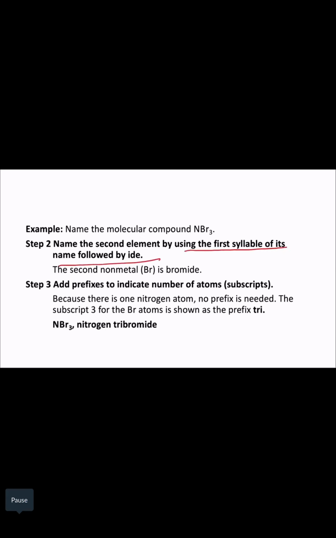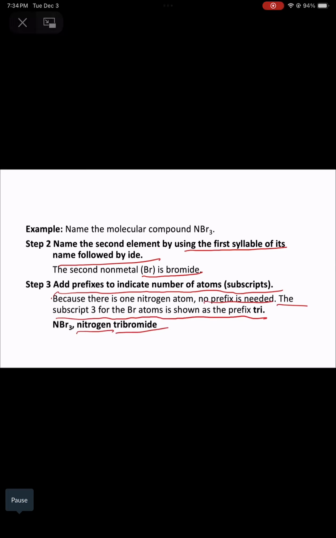So it's going to be bromide. Then we add the prefix to indicate the number of atoms from the subscripts. Nitrogen we don't worry about because it's 1, but the bromine does. Because there is 1 nitrogen, no prefix is needed. The subscript 3 is needed because the atom shows a prefix of 3. So it's going to be nitrogen tribromide.